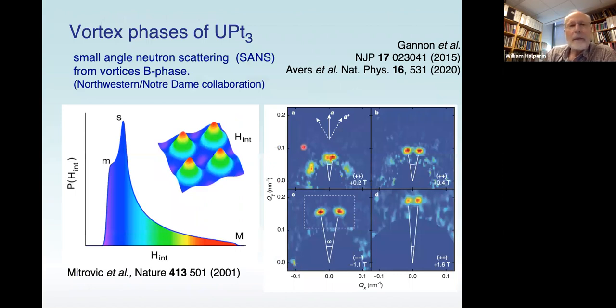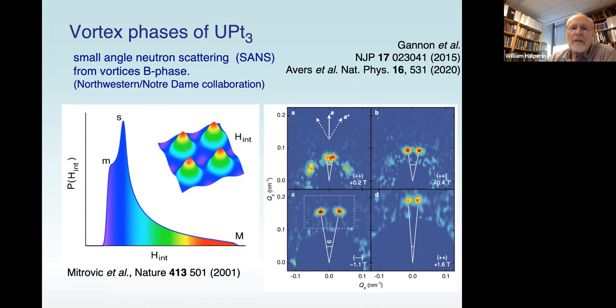Now, I come to the collaboration I've had in recent times with Morten Eskildsen at Notre Dame, where we have performed small angle neutron scattering from the vortices, and particularly in the B phase. Now these vortices, normally you would expect to form a lattice, at least ideally.